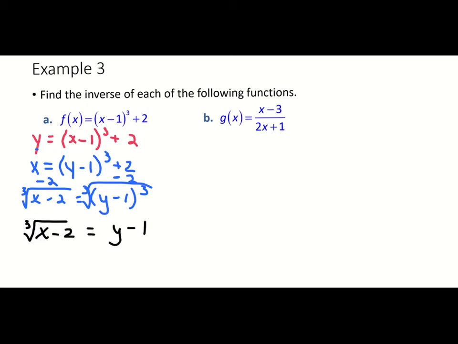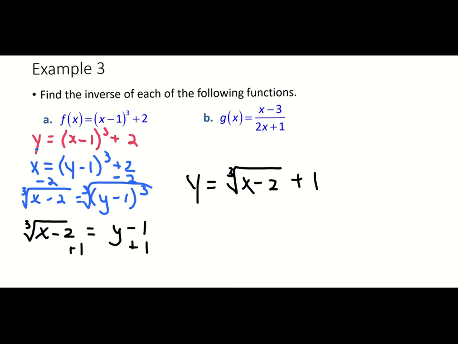And we've got to solve for y, so I really need to get rid of that minus 1. So I'm going to add 1 to both sides, and that is going to give me a final answer of y is equal to the cubed root of x minus 2 plus 1.